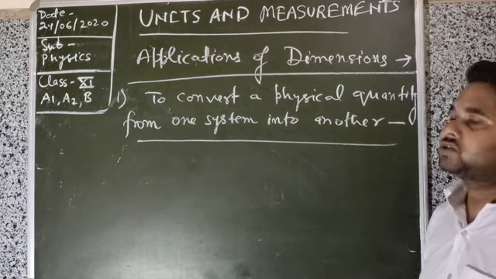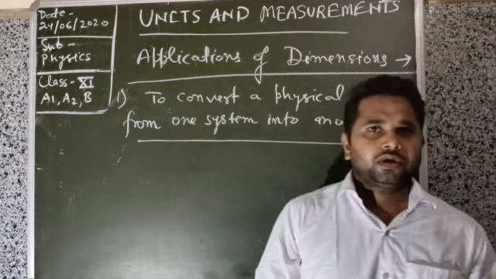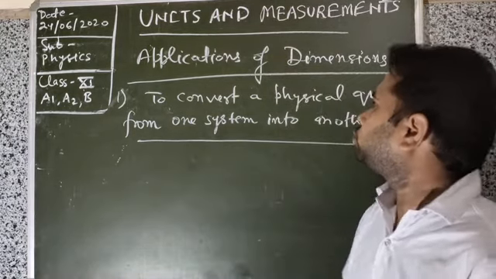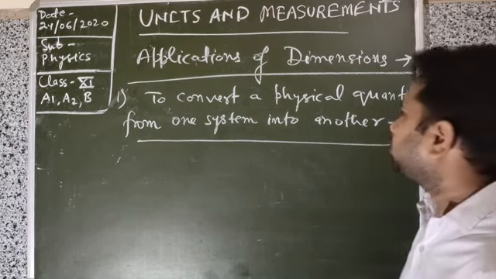This is the first application of dimension. What is the use of dimension, what is the application of the dimension you have studied? For this, we have to convert the physical quantity from one system of unit into another.